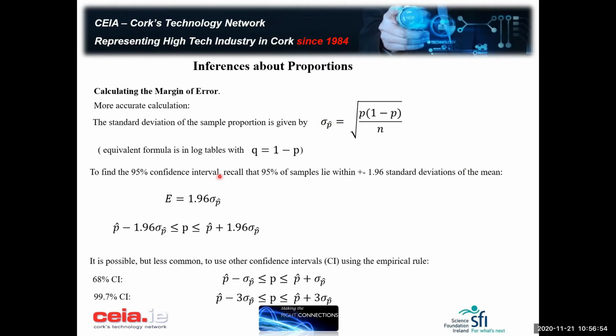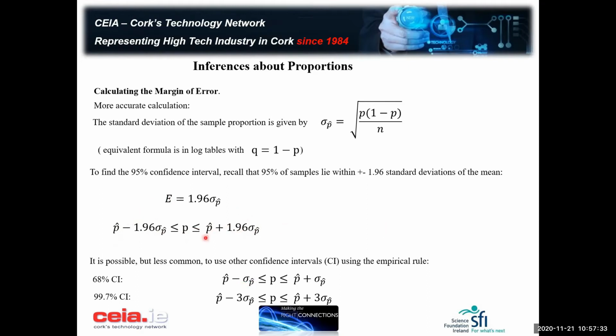then remember from the empirical rule that 95% of samples lie within plus or minus 1.96 standard deviations of the mean, which means that your margin of error for 95% confidence is 1.96 times the standard deviation. And so your 95% confidence interval for p is p hat minus 1.96 sigma up to p hat plus 1.96 sigma.